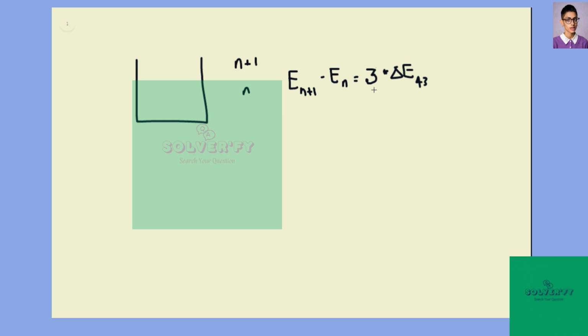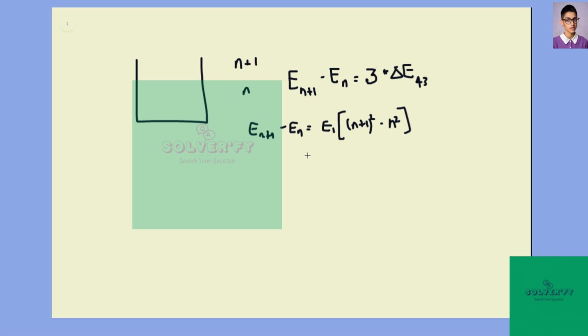So let's first evaluate this part. We know that E(n+1) minus En can be written in terms of E1, which is the energy of the ground state, times (n plus 1) whole square minus n square.